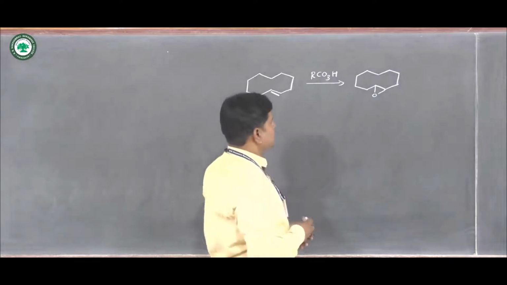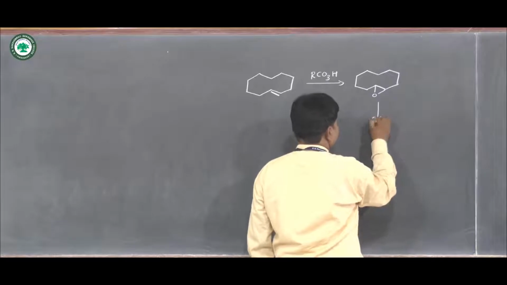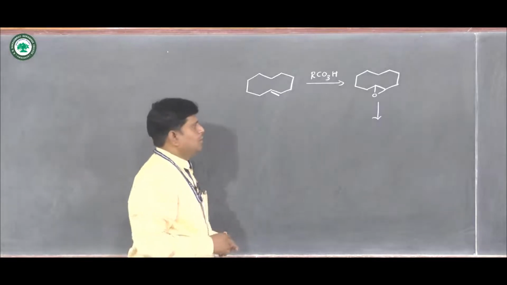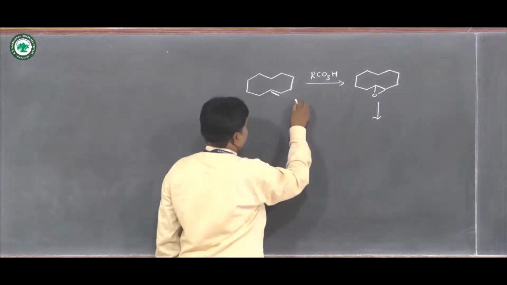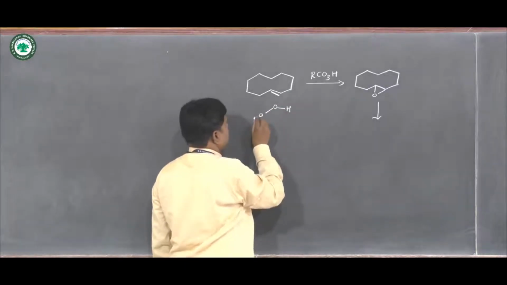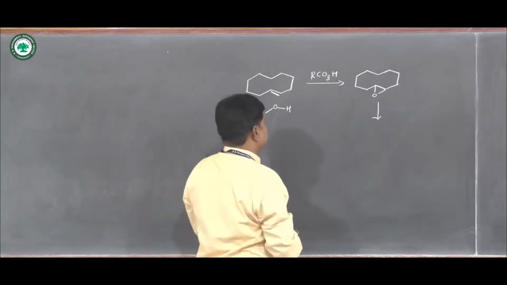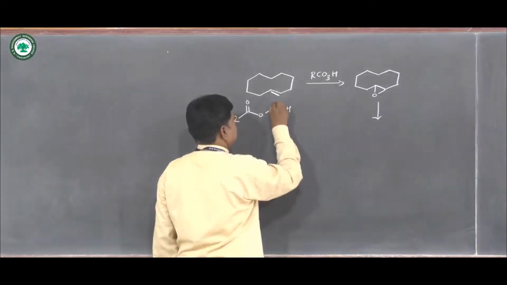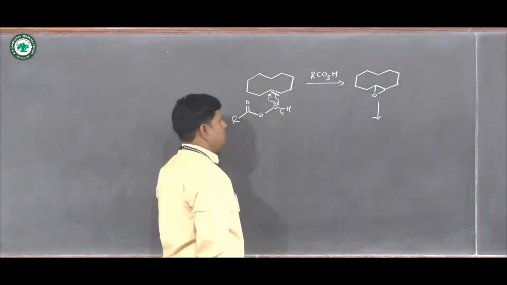Now the crucial step is shown here. Why? Because here we have this oxygen, and this is your per acid, and the last oxygen atom is encountered by this double bond and attacked by it, and such attacks are possible.